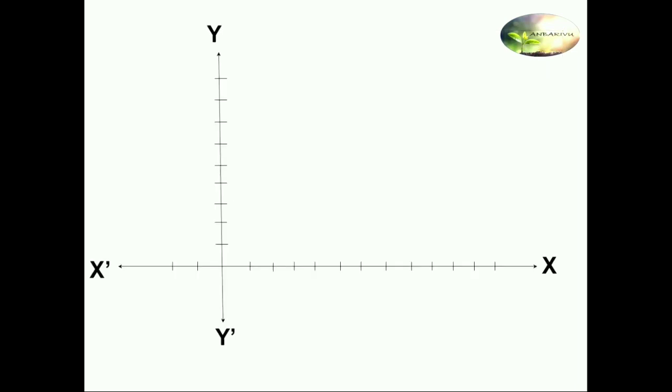Let me plot the points in the graph. Here, first draw the x-axis as well as the y-axis. Then plot the points. First, I am going to plot the points for the first equation. Our first point is (0, 1). Where will it come?